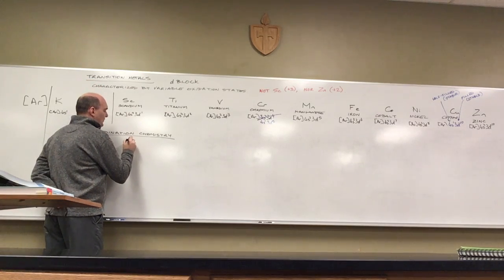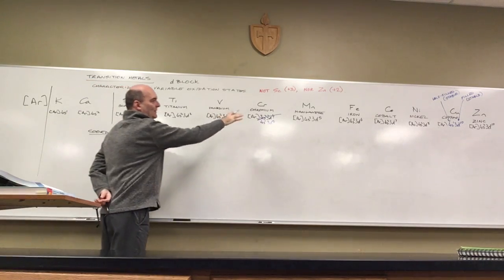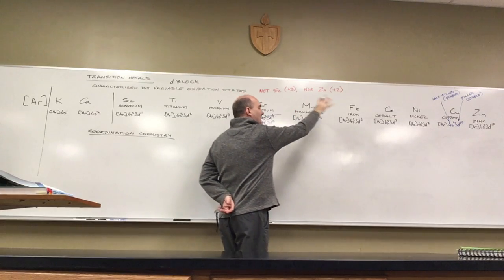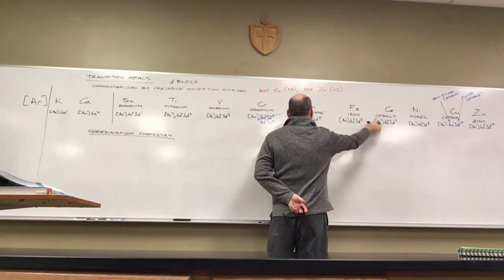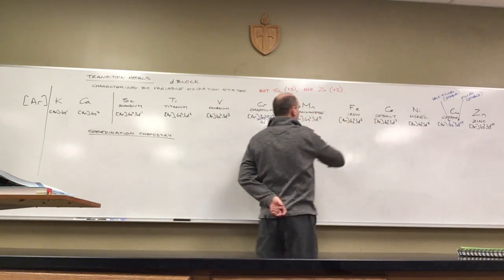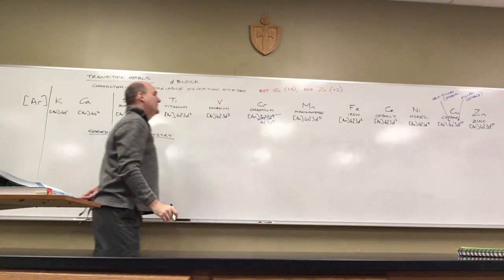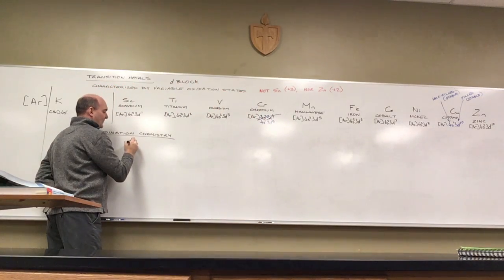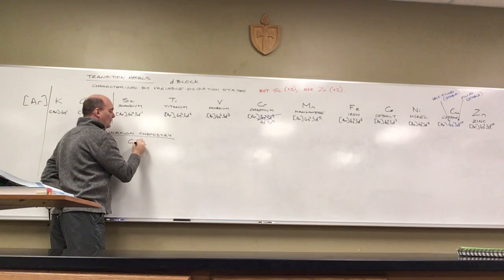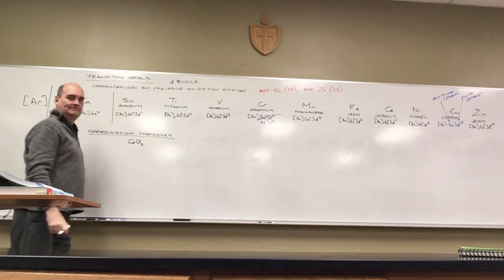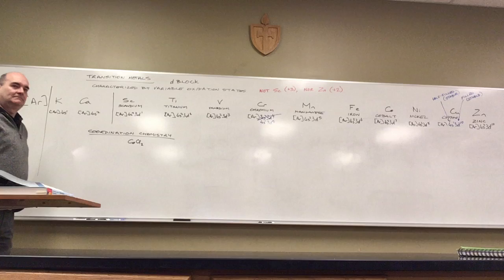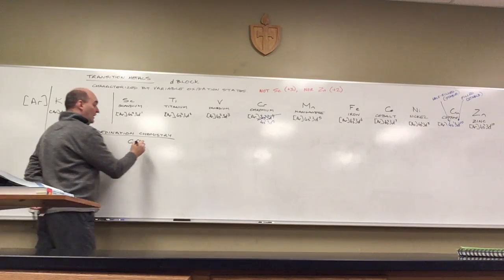If I took something in the nice part of the transition part, a chromium or a cobalt, I take cobalt chloride. And that's a solid.